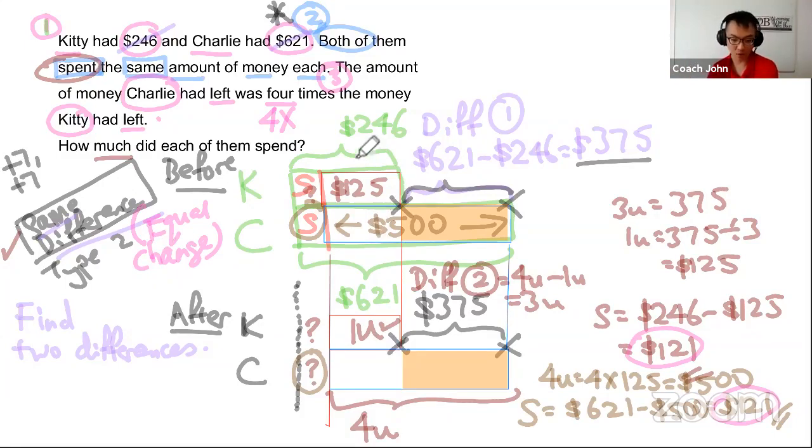Okay. So equal change, so it's same difference concept, but this is type 2. Then for same difference, you know that from formula learning, you have to use two differences. That means difference 1 and difference 2. Okay, difference 2 over here. I hope you can see my spotlight.